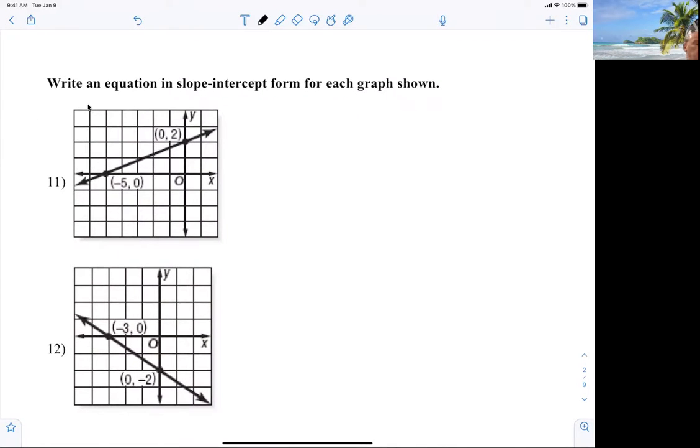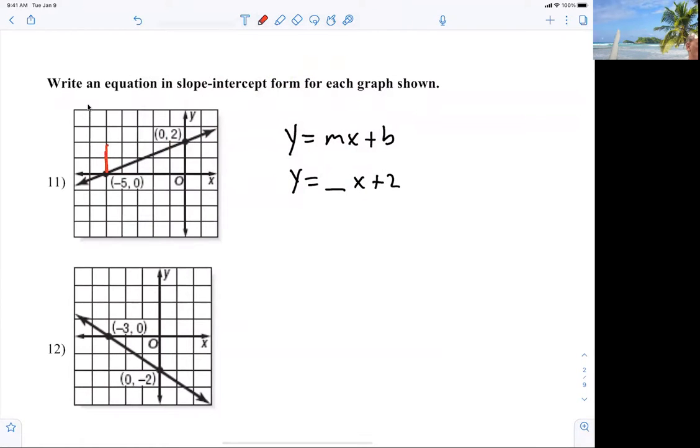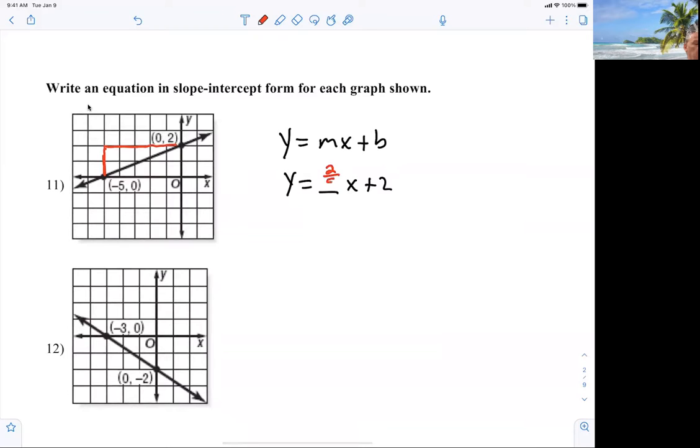Again, slope-intercept, y equals mx plus b. What's the y-intercept? So y equals something x plus 2. I went from this point right here to this point over here. So I need help. What's the slope? 2/5. Does everybody agree? 2/5? So then my equation is y equals 2/5 x plus 2.